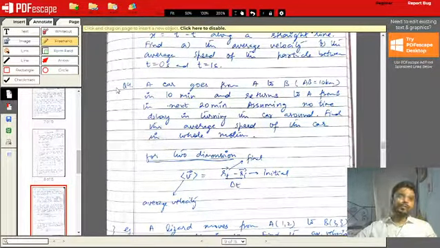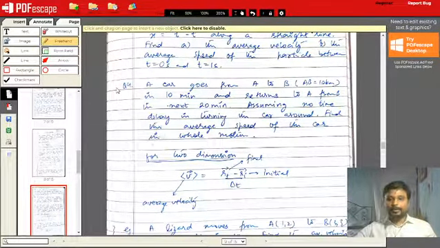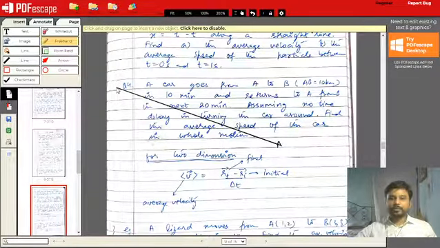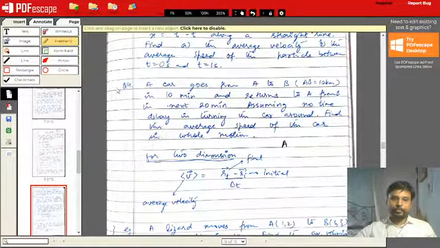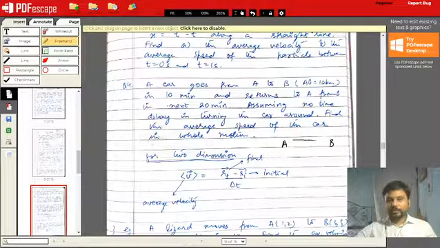In question number 4, it is given that a car goes from A to B. It covers 10 kilometers in this distance. When it comes back from B to A, it takes 10 minutes to complete the journey.